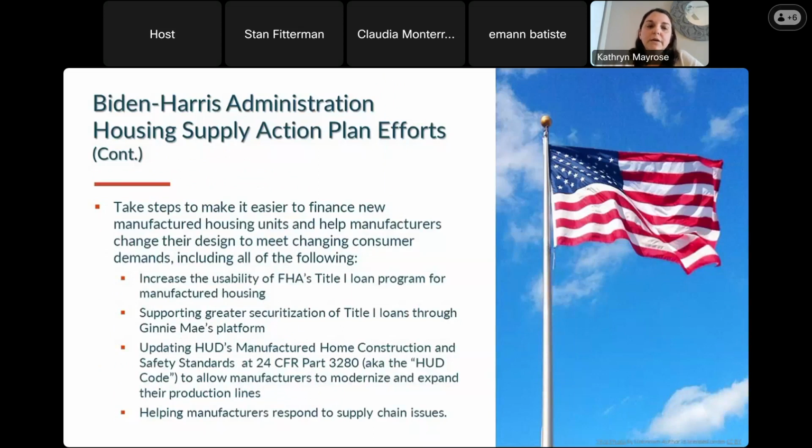In addition, they are going to take steps to make it easier to finance new units and help the manufacturers of manufactured housing update their designs to meet changing consumer demands.